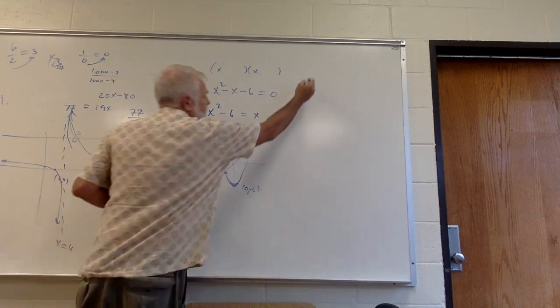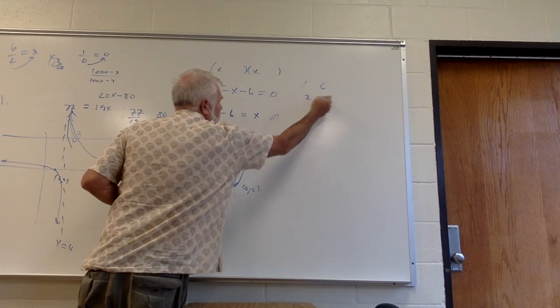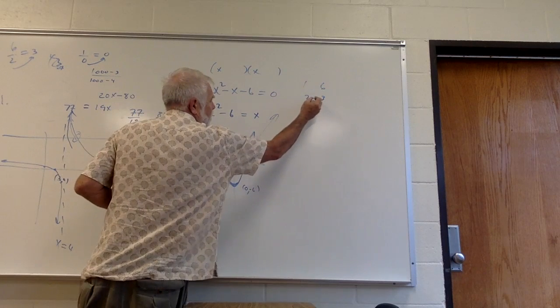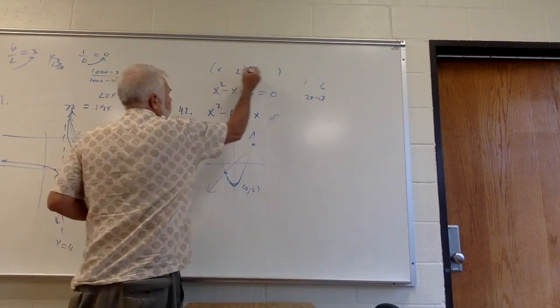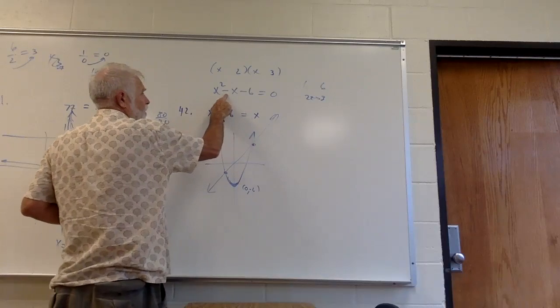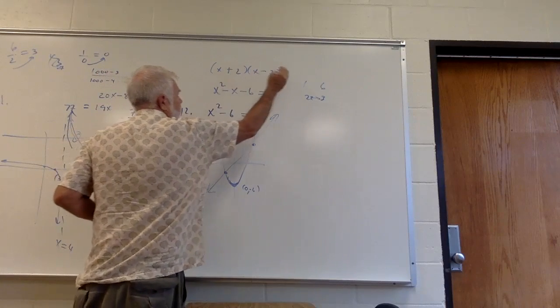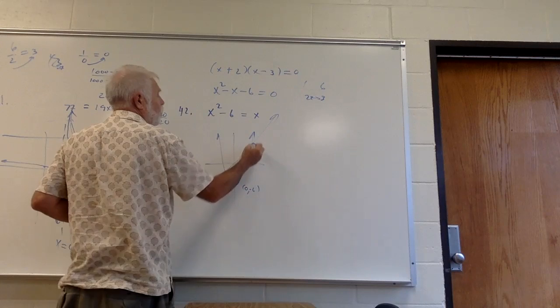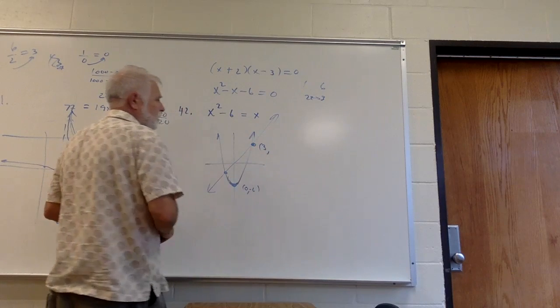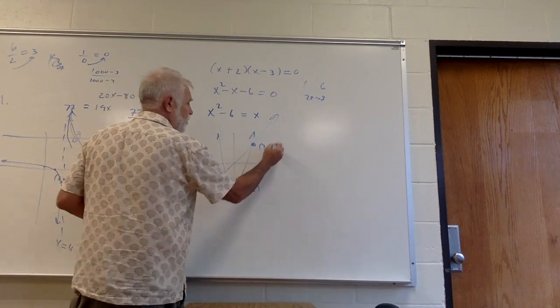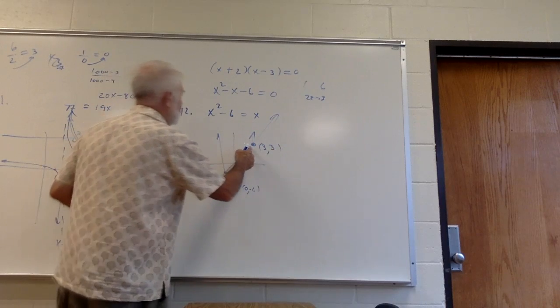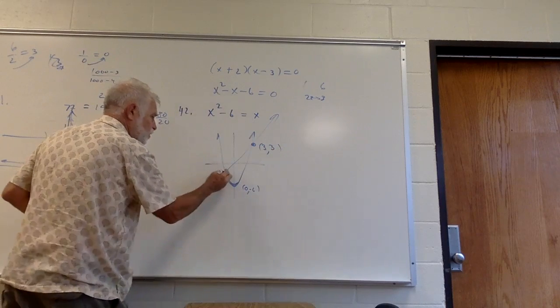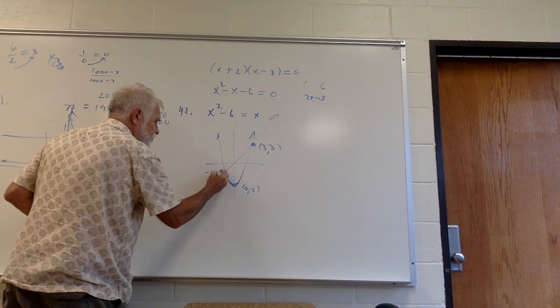I either got 1 and 6 or 2 and 3. Well, 2 and 3 are 1 apart. So I know I got a 2 and a 3. And I want this one negative, negative positive. All right, so what was this coordinate? 3 for the x. Oh, I could have plugged it in here. (3, 3) is where they intersect. And they intersect at (negative 2, negative 2).